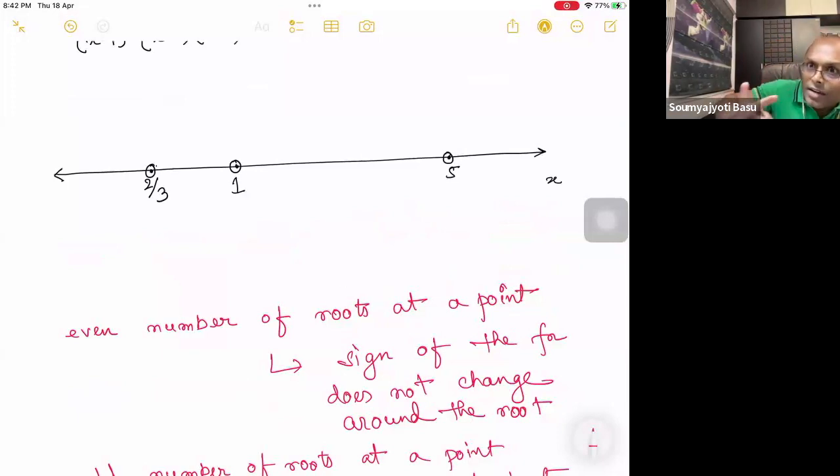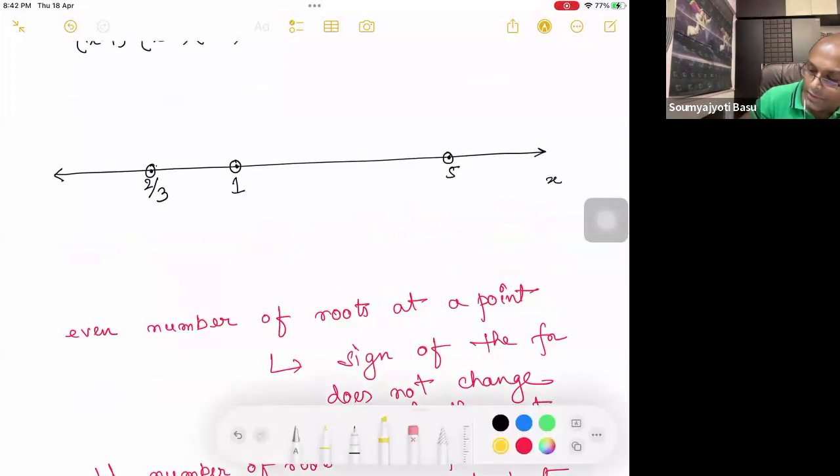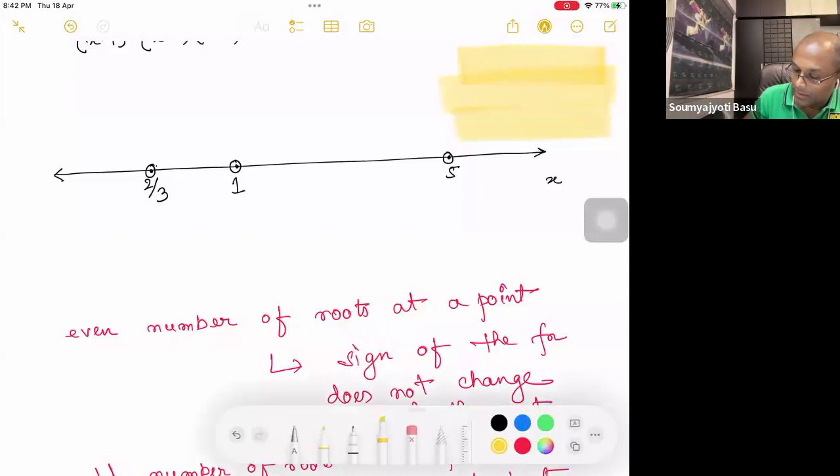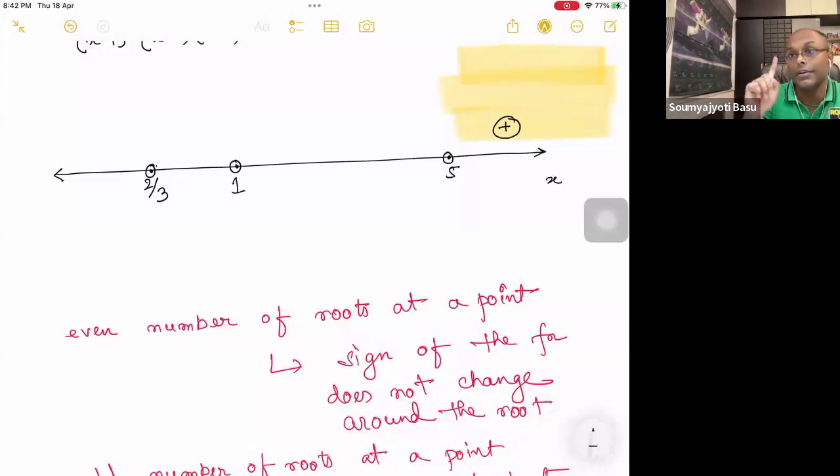The right-hand most region, which is this region, the highest root and the right-hand side of that root, that region is always positive. Remember this. The right-hand most zone is always positive. The next region, hence, would be negative.